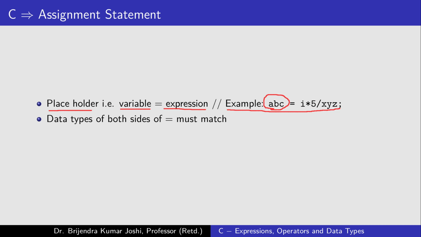It may be integer, real, or whatever. But one thing is to be remembered: the data types of both sides of the assignment operator must match. It means in this example, if all of them evaluate to an integer, then ABC must have been declared as a variable of type int, or if it is float, on both sides we must have float. Okay.